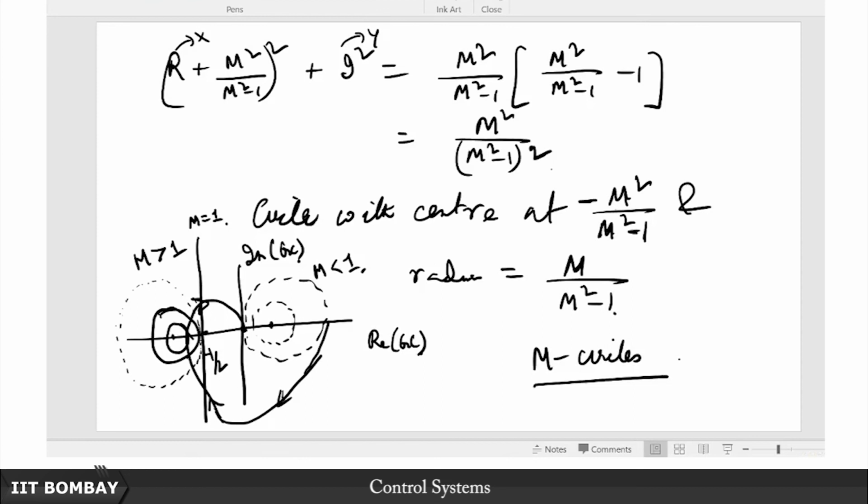So far we have seen that this Nyquist can be used to tell about stability, conditional stability, phase margin, gain margin, things like that. But these circles are system agnostic, in the sense that you can always draw this circle given a particular m. This circle is fixed by its m. If m is 1.5, then it will always be the same fixed circle.